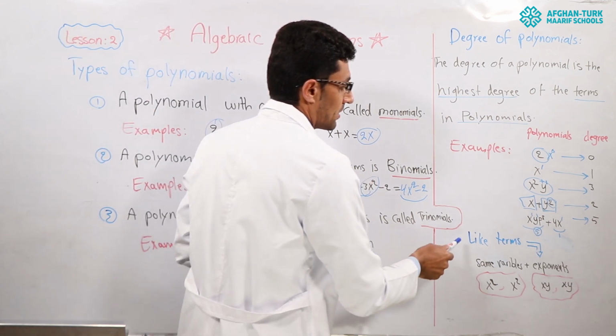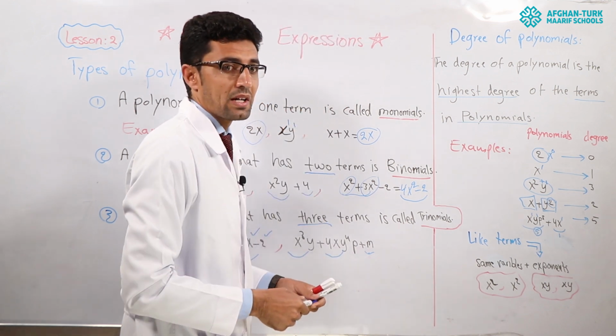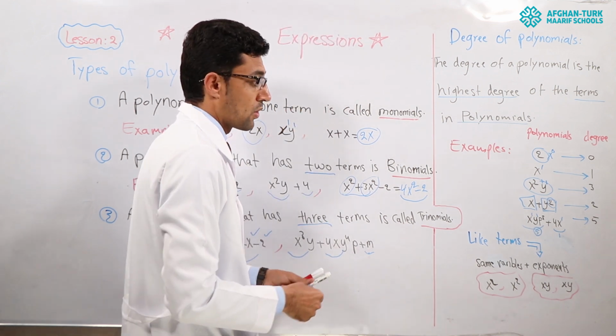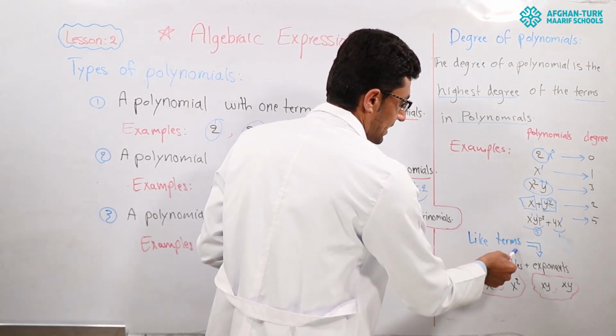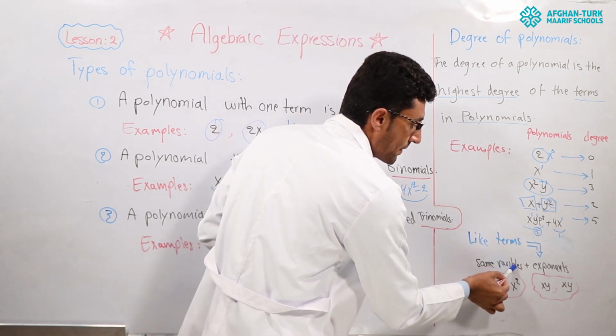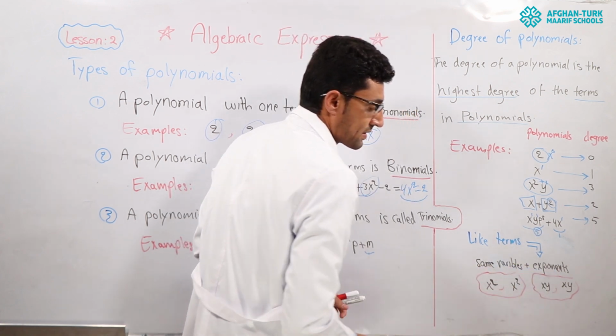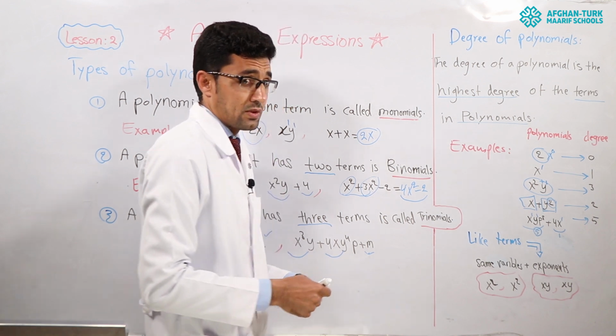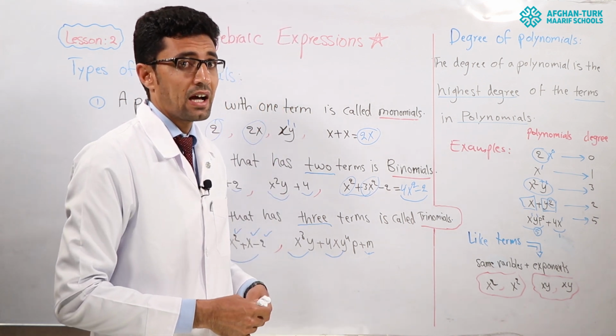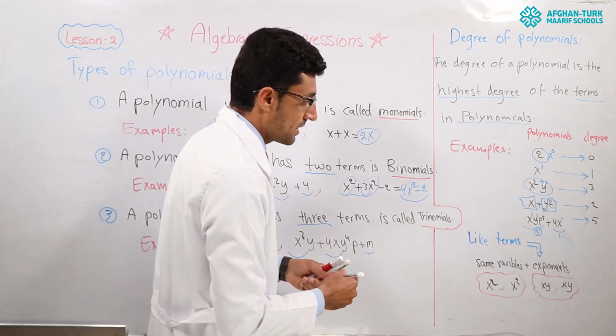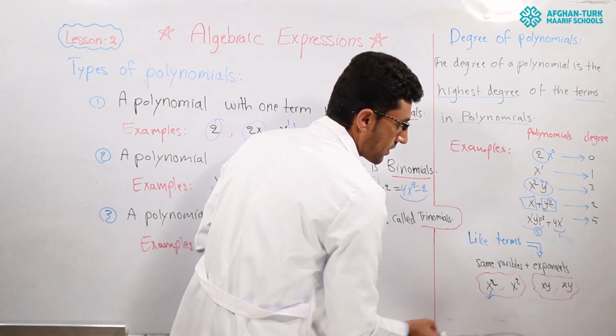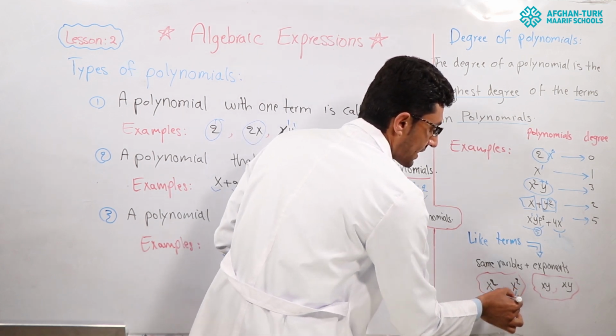And remember like terms. What are like terms? Same variables with the same exponents. It means the terms that have the same variables. For example, this is a term x squared, and this is a term x squared.